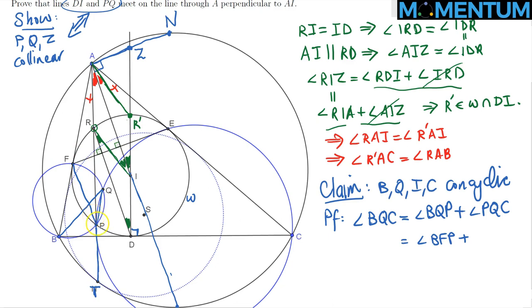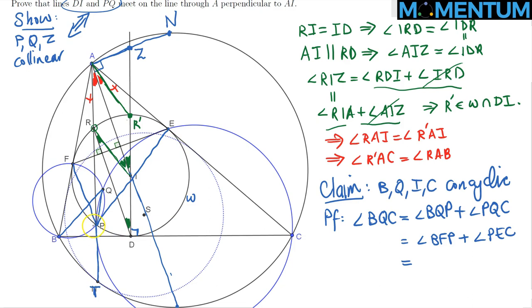And by the same token, angle PQC, I should say, is the same as PEC. So replace PQC with PEC. And that would be equal to, if you add BFP and PEC, BFP, because of the tangency, subtends minor arc FP, and PEC subtends minor arc PE, or I should say arc PDE on the incircle.